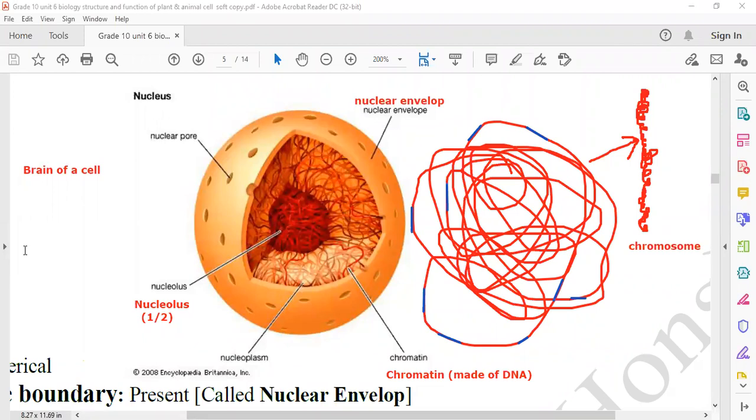Of these 15,000 to 20,000, half came from the father and half came from the mother. Understood? Remember, this is the only connection between our parents and us.